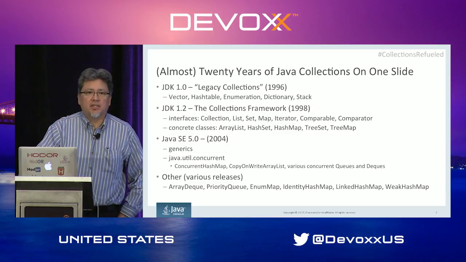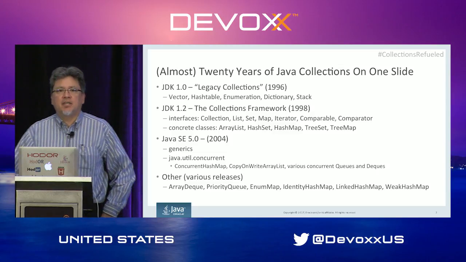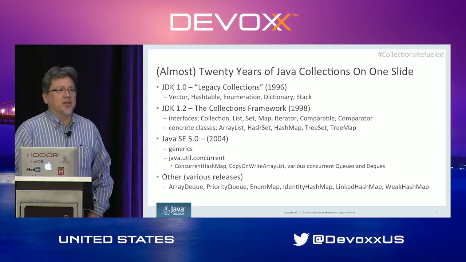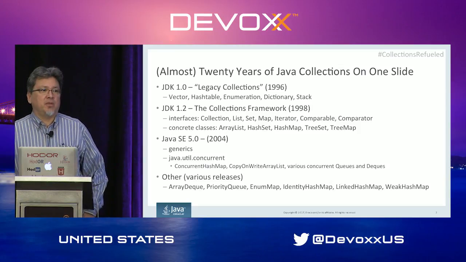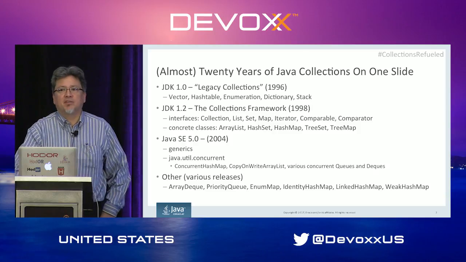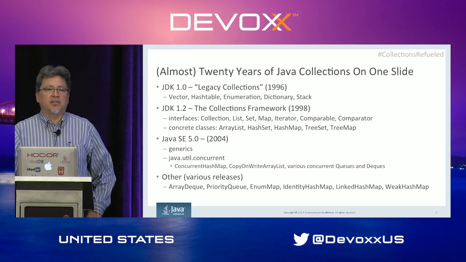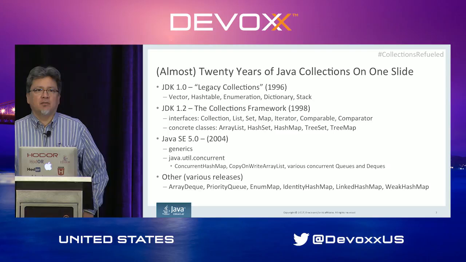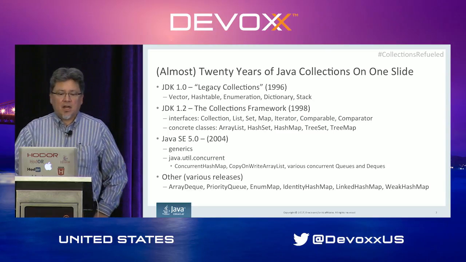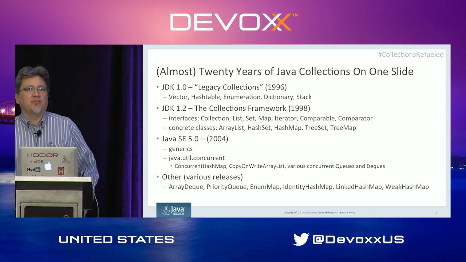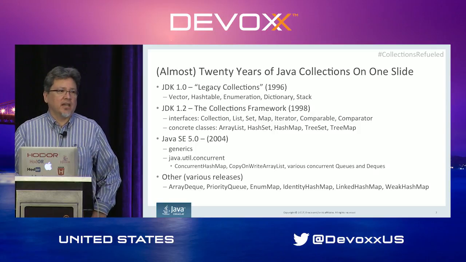Moving on quickly, in Java 5 in 2004, generics were added to the language, and that had a huge impact on the collections APIs. By now, I hope everybody is converted over to using genericized collections instead of the original raw collections. The other big addition in Java 5 was the concurrent collections.